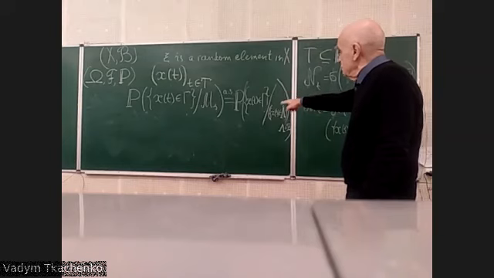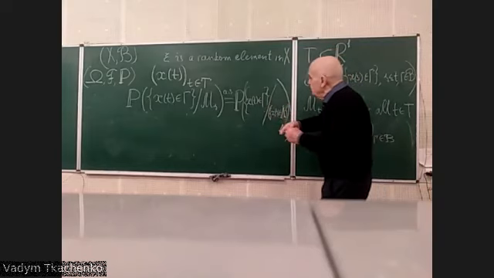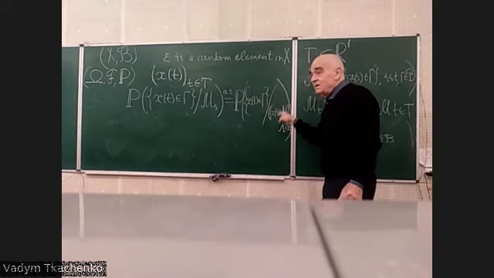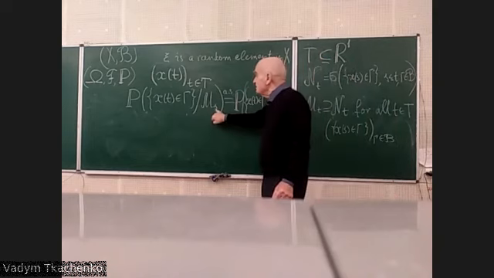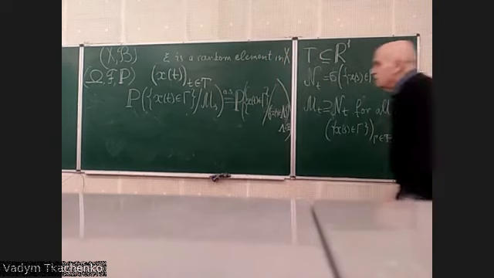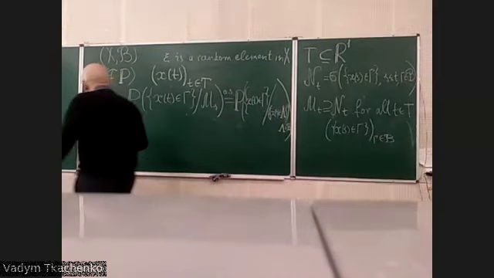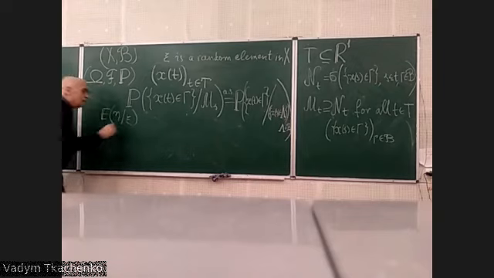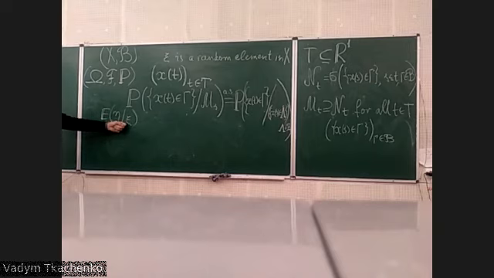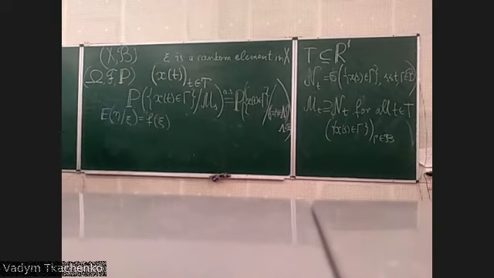then let us look at this probability. This probability is a conditional probability of some events given the position, the location of our process at the instant of time s, the last time. It is known that if you have some expectation of something given a random element, then this is some function of it.